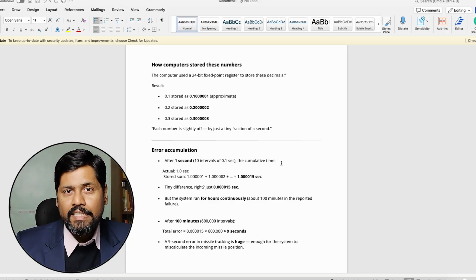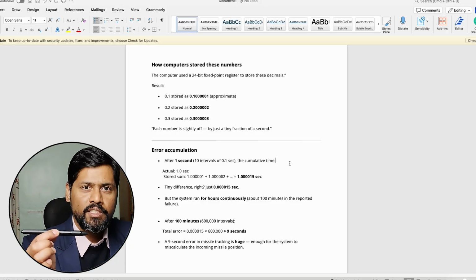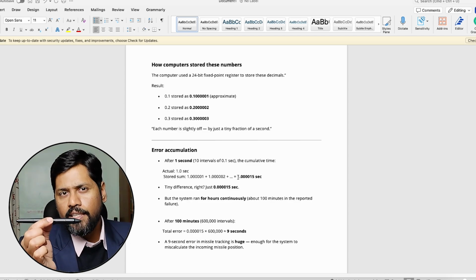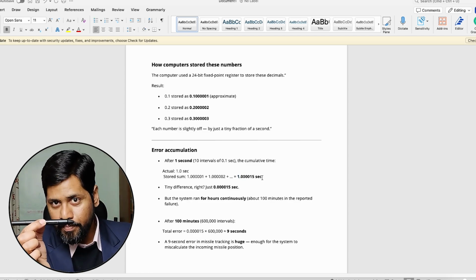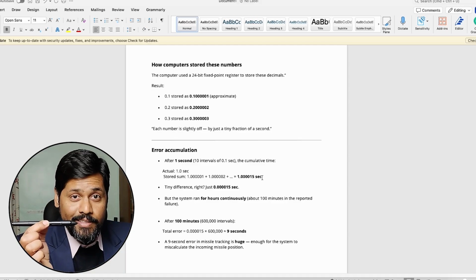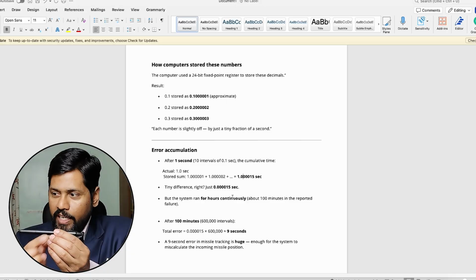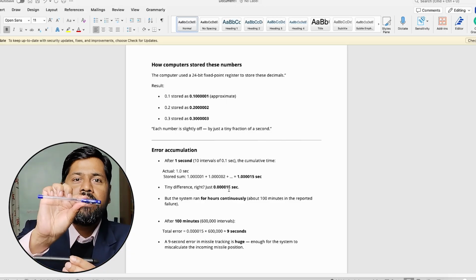Let's say ideally the prediction should have predicted that after t plus n seconds the target missile should have been here, but the system miscalculated and predicted that the missile was actually here.